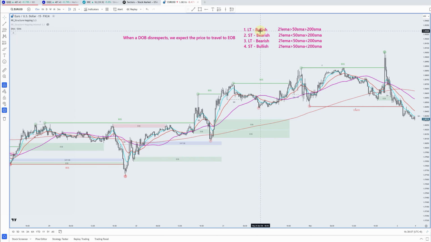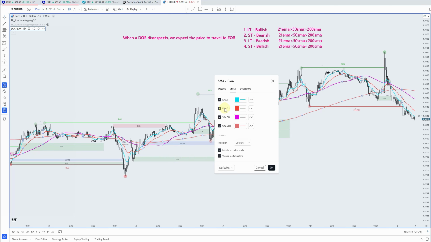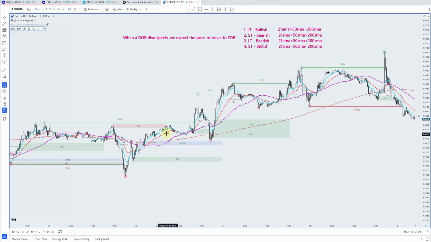Long term bullish: this red is 21 EMA. 21 EMA is greater than 50 SMA, and 50 SMA is greater than 200 SMA.